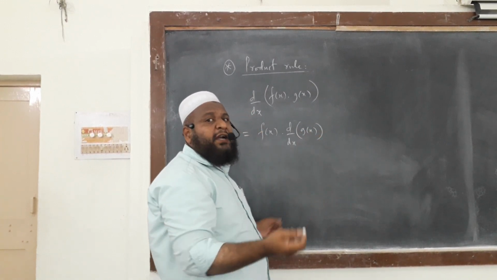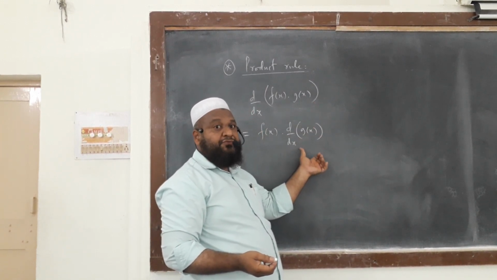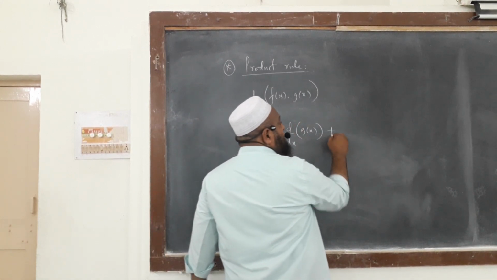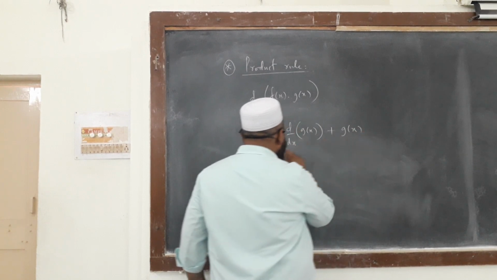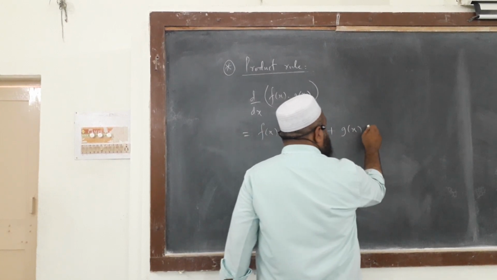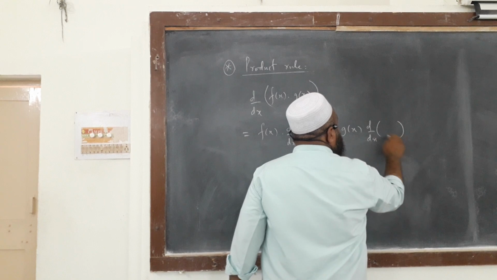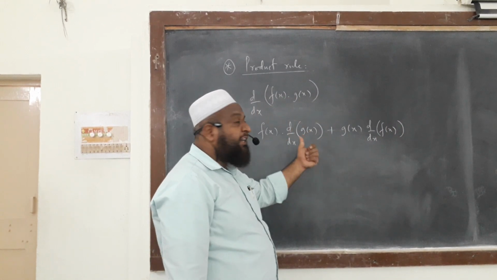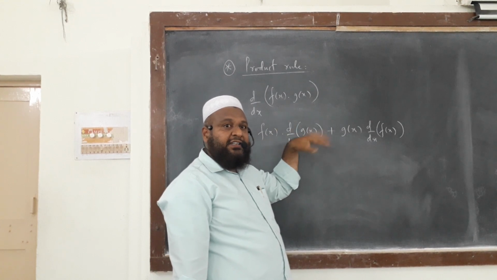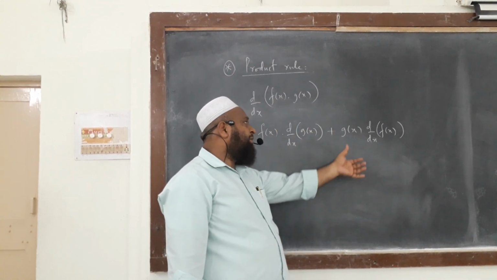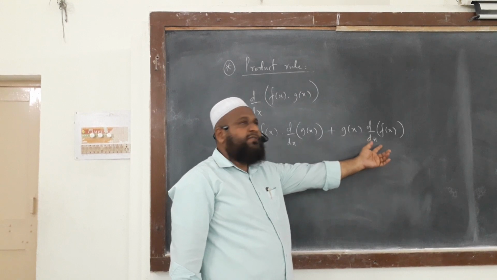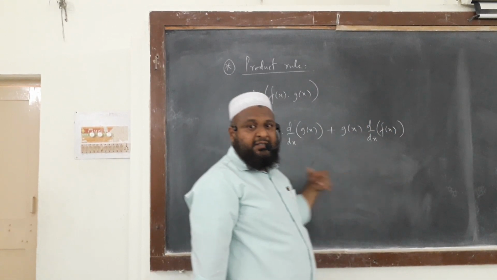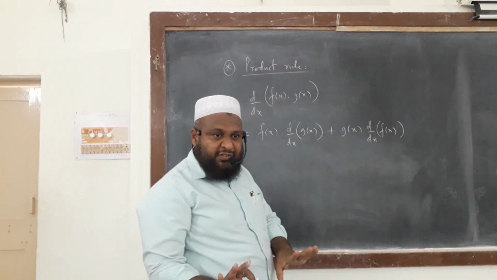One time we differentiate g, and one time we differentiate f keeping g as it is. So plus g of x into d by dx of f of x. Any term can be written first, no problem. Some people prefer to write d by dx of f of x into g of x first, then this one. There is no issue with that.